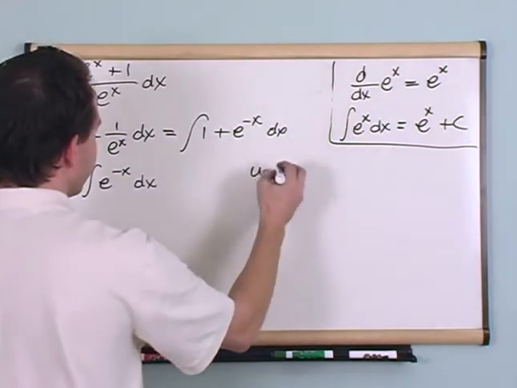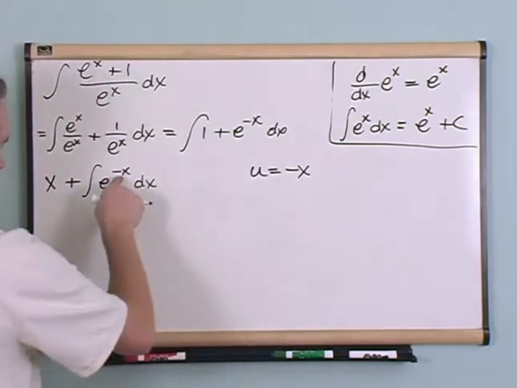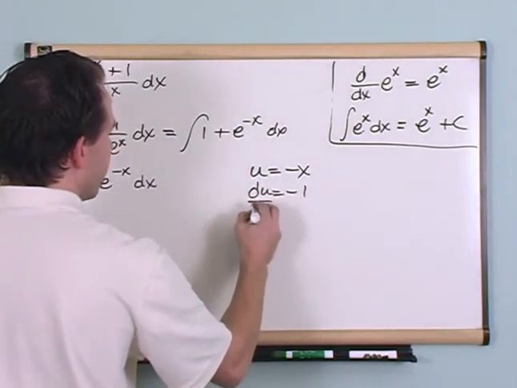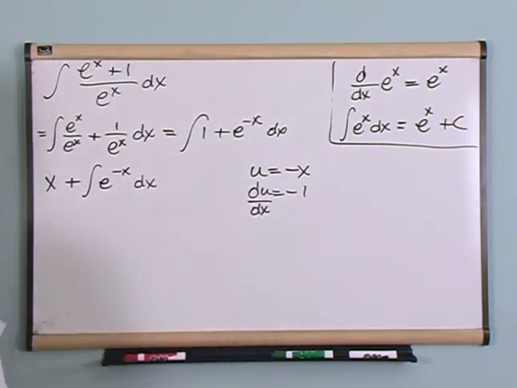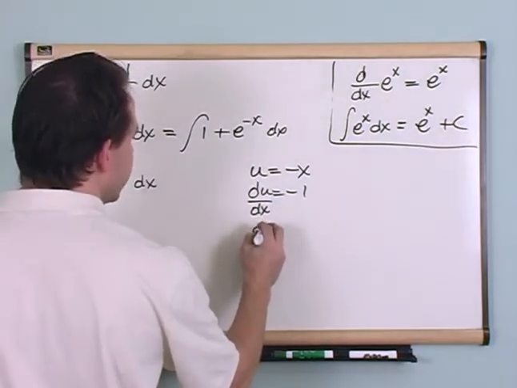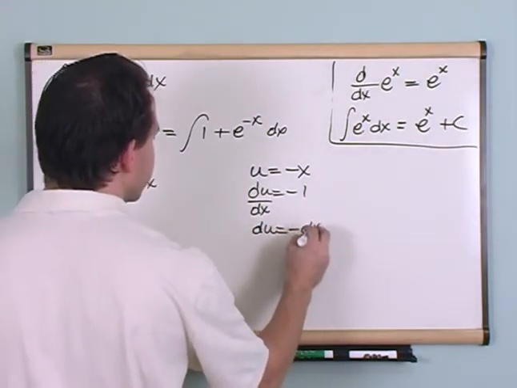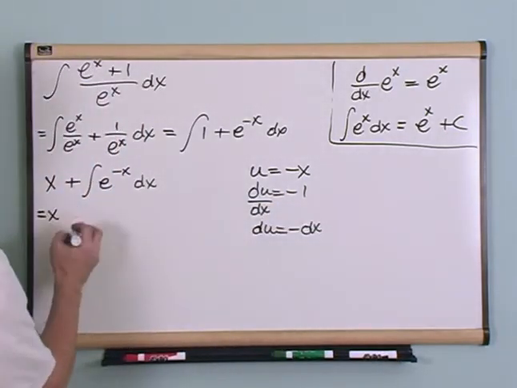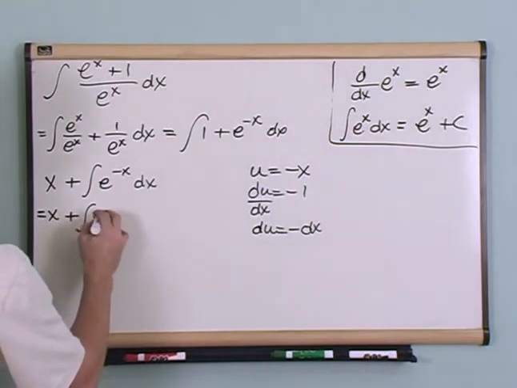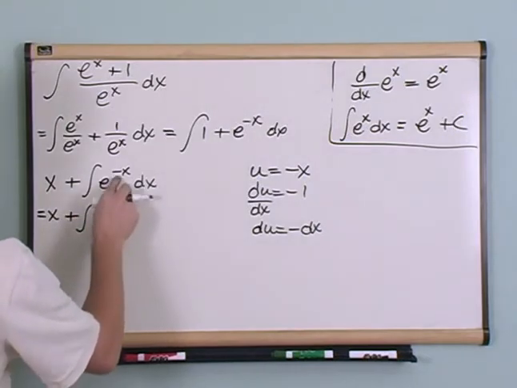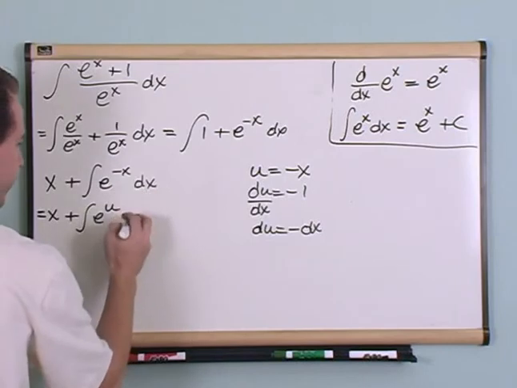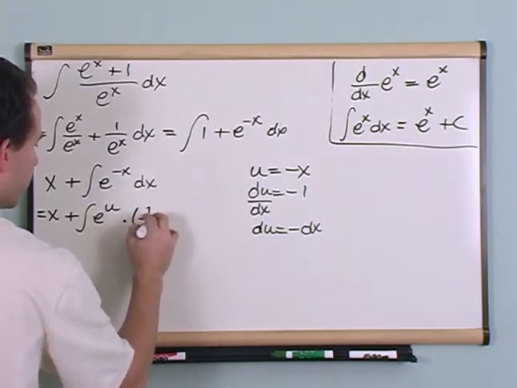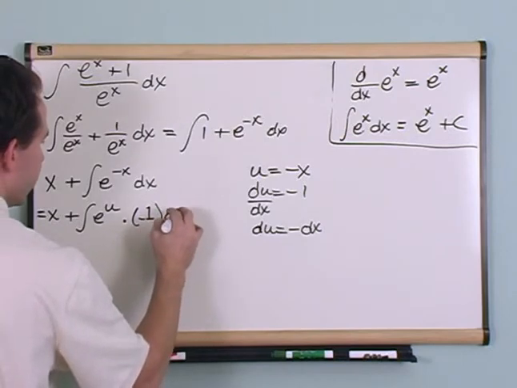So let's use our trusty substitution. I'm going to say u is equal to negative x, du dx is equal to negative 1, the derivative. So then du is equal to negative dx. So I'm going to say this is equal to the integral of e to the u, times dx, which is simply negative 1 times du.